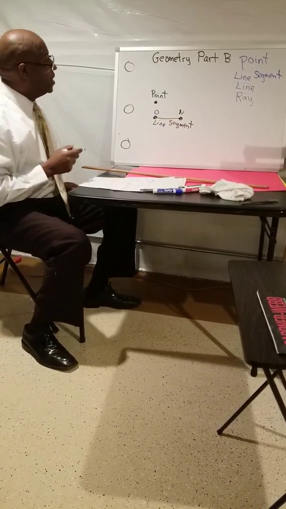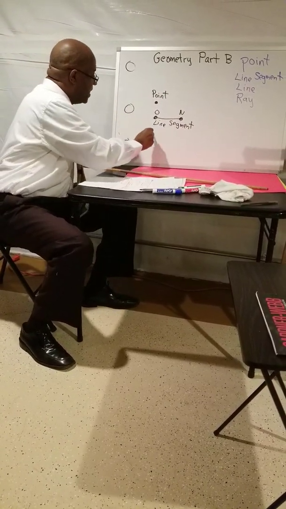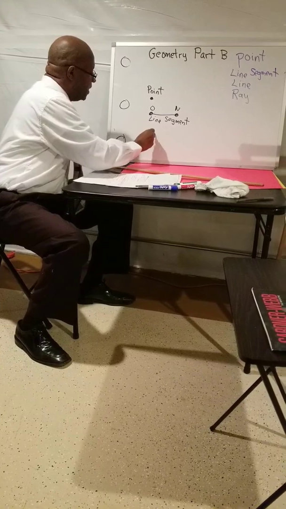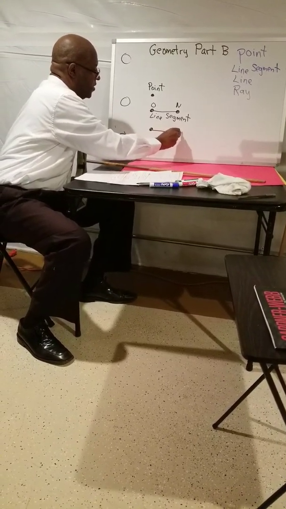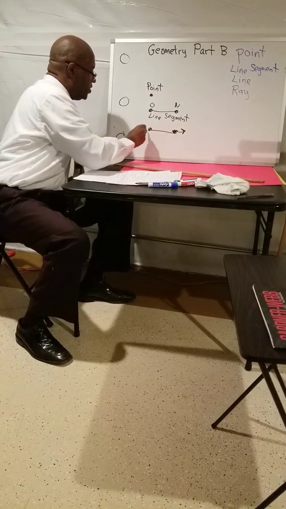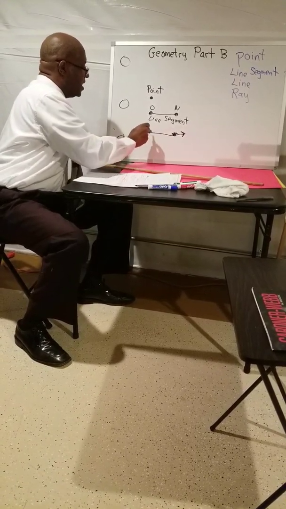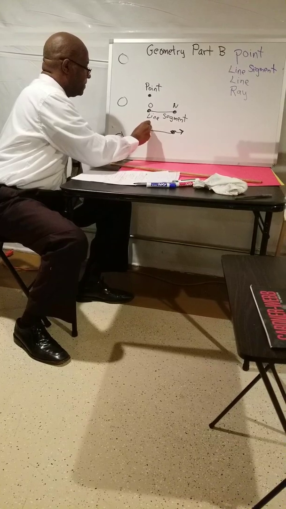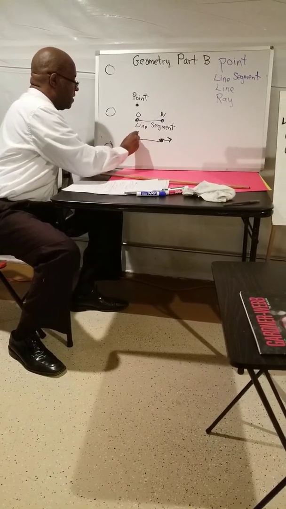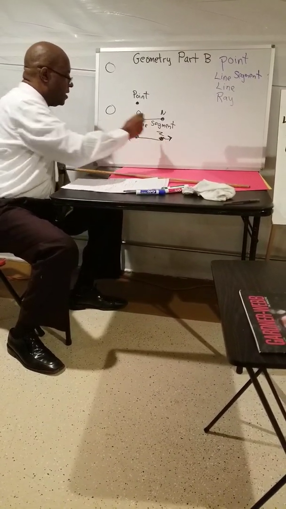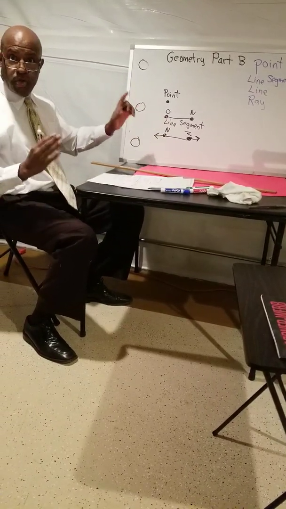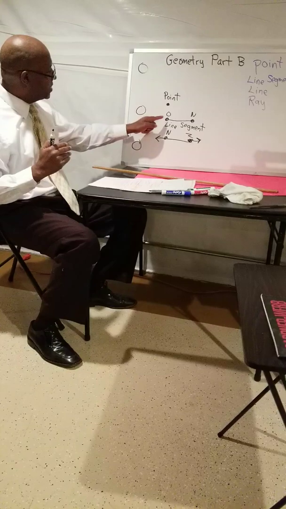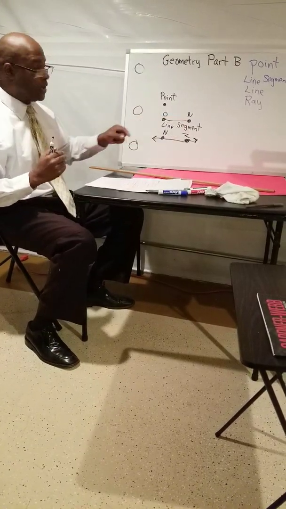But then we had a line that looked very similar to a line segment. The only difference is it continues in both directions, and that's why you have those 2 arrows. A line segment has 2 endpoints. It starts on the left and stops on the right.